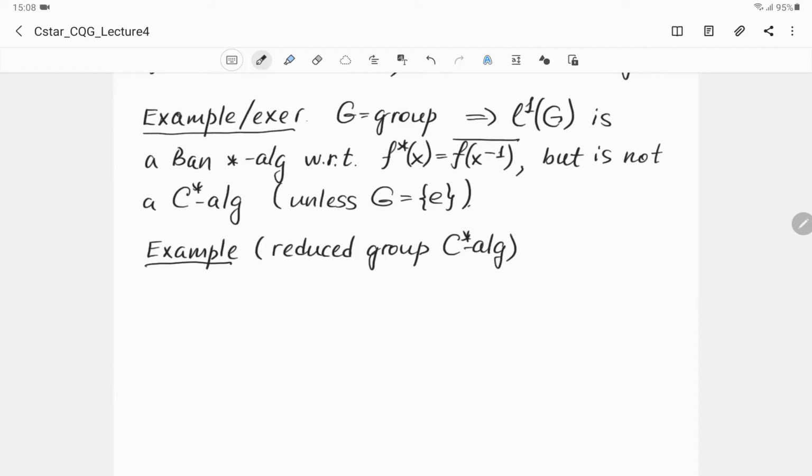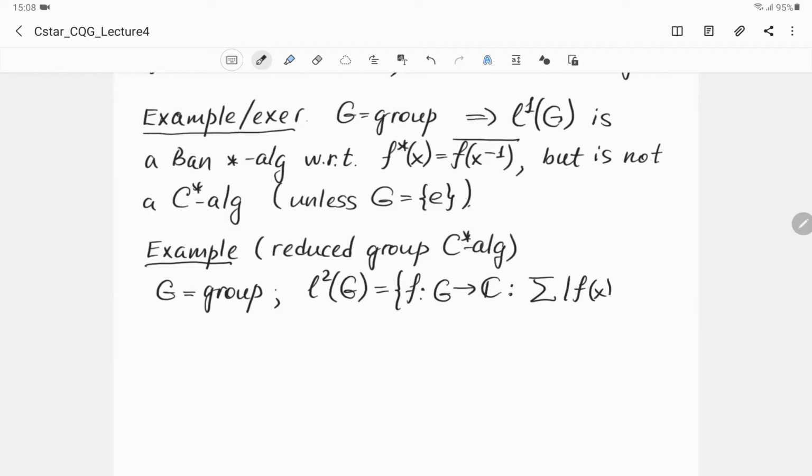Again, we suppose that G is a group, and we consider the space little l2(G), which is the usual little l2 space. So it consists of those functions f on G for which the following series converges.